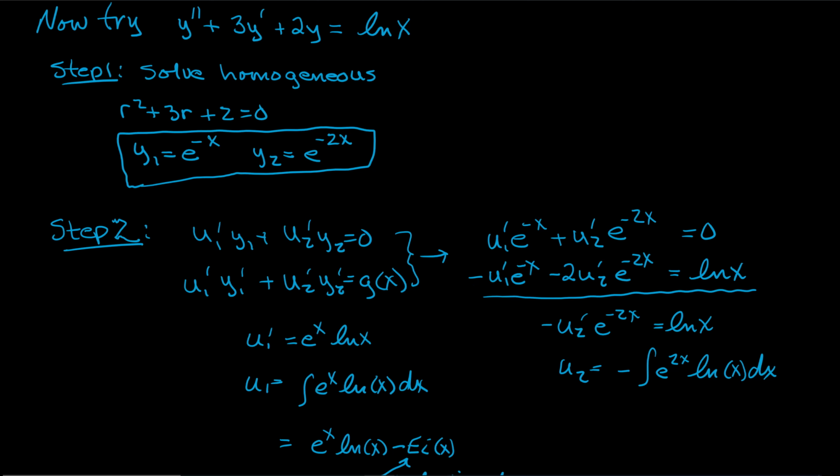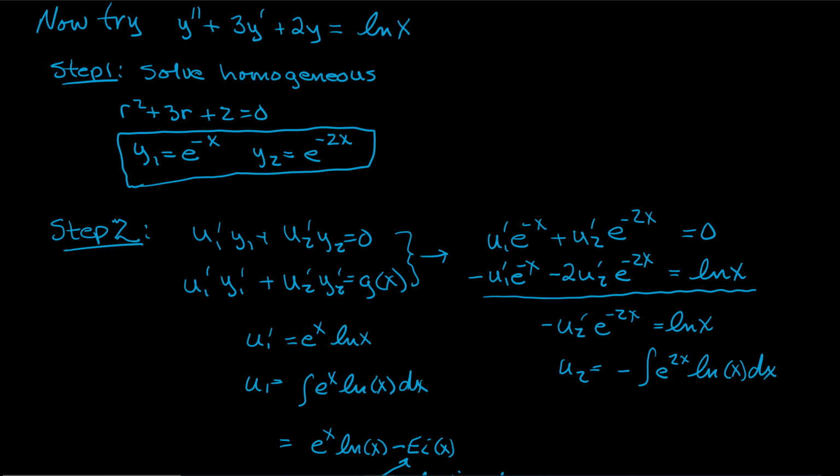And the second term on the left-hand side is going to be this u2 prime times the derivative of e to the negative 2x. That's going to be a negative 2 e to the negative 2x. Notice that the left-hand side of both of these equations is exactly the same as what we did before. No big surprise. The only difference is our right-hand side function is now natural log instead of e to the x.